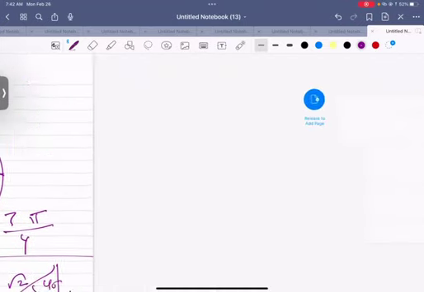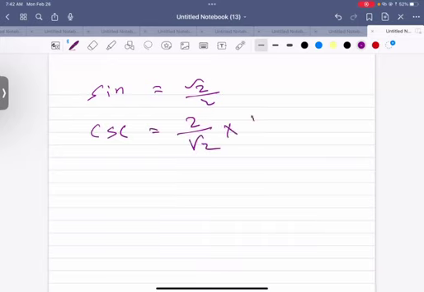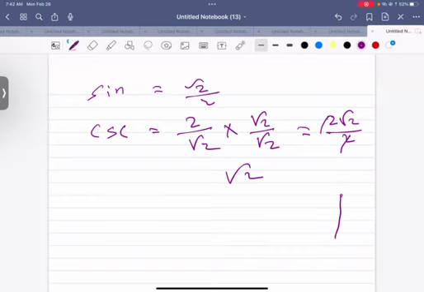Tangent is negative. Now, how about the cosecant and secant? Well, they are the same in magnitude. If sine is equal to radical 2 over 2, then cosecant is equal to the reciprocal, 2 over radical 2. Multiply top and bottom by radical 2 over radical 2. That gives me 2 radical 2 over 2, which is equal to radical 2. Another way, which I really like, is to use a right triangle with sides 1, 1, radical 2.